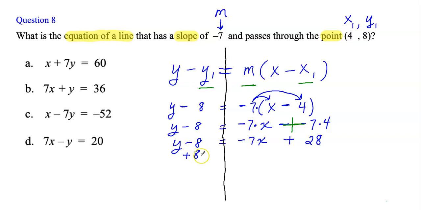Because minus 8 plus 8 is 0. Or another way to look at it is to undo subtraction, I do addition. So I added 8 to the left-hand side. I need to do the same thing to the right-hand side. This goes to 0. Bring down your y.